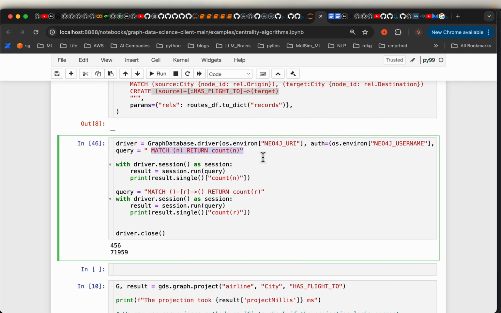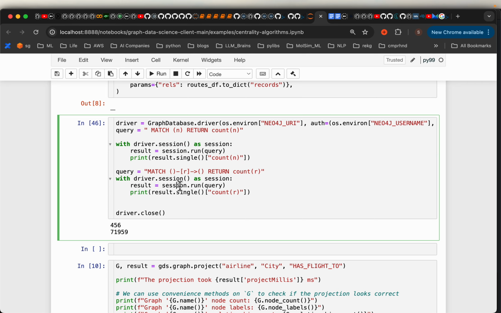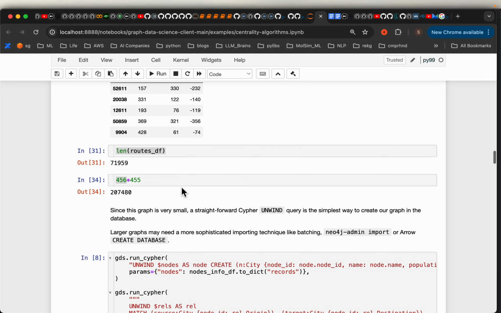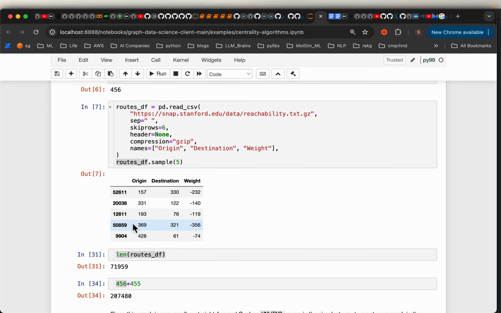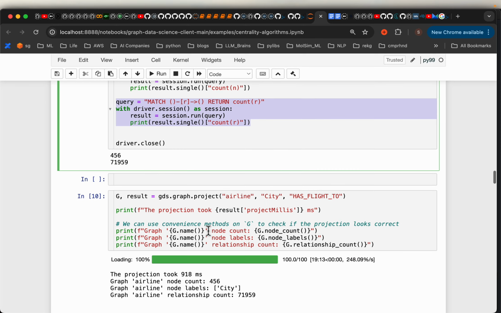We are running this query, which is simply match all the nodes and return the count. Okay. And then we are printing the count. And here we are matching all the relationships and printing the count. So basically we are counting how many cities there are and how many direct flights there are, right? So 456 and 71,959, which matches exactly with what we have in our data. So the data is loaded correctly.